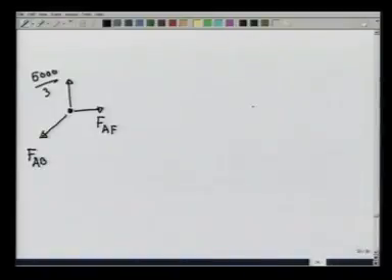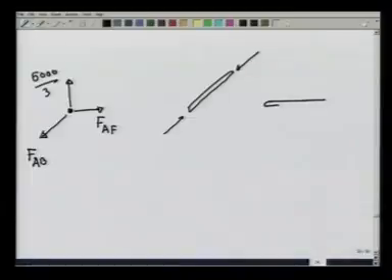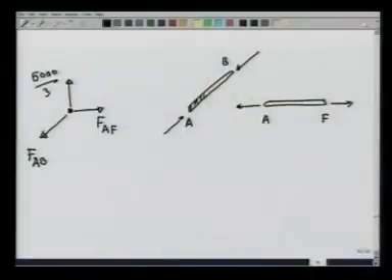Obviously, the force on member AB due to the pin, therefore, would be in this direction. So, this is a compressive force, and the force on AF would be in this direction, and this will be a tensile force. So, the member AB is under a compressive force and member AF is under a tensile force. Let us now calculate these forces.